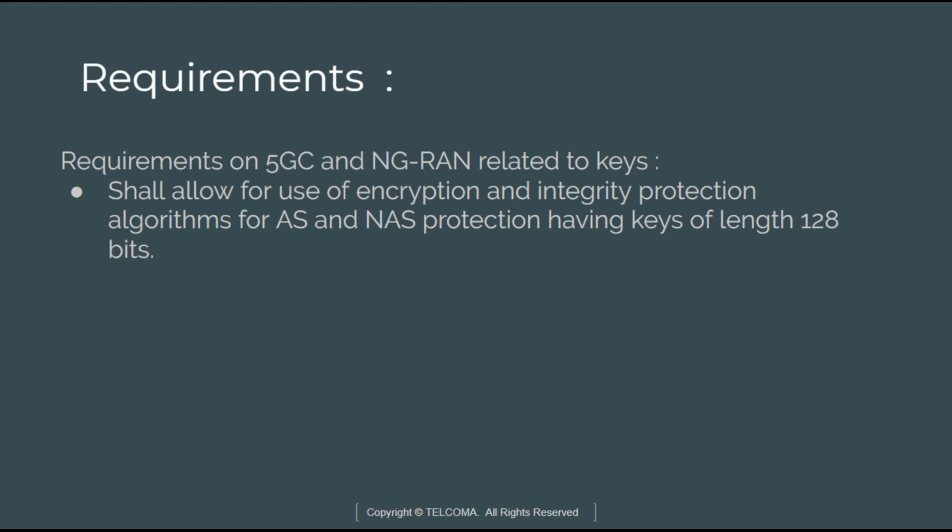Now the network interface shall support the transport of 256-bit keys. These keys are used for user plane, non-access stratum and access stratum, and shall be dependent on the algorithm used. We will continue with these requirements in our next class.